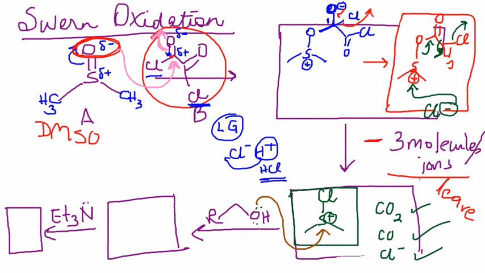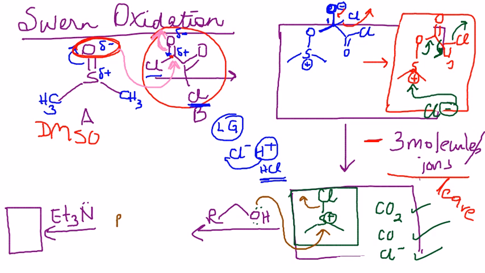So you can show an attack from oxygen to sulfur, and in that process Cl can be lost, and when that happens, let me make some room.